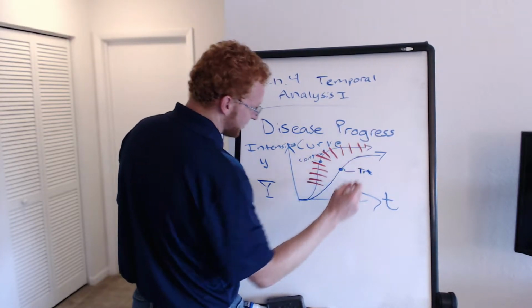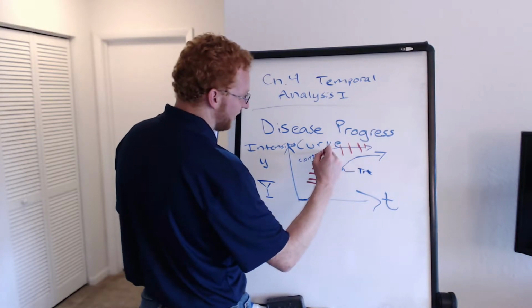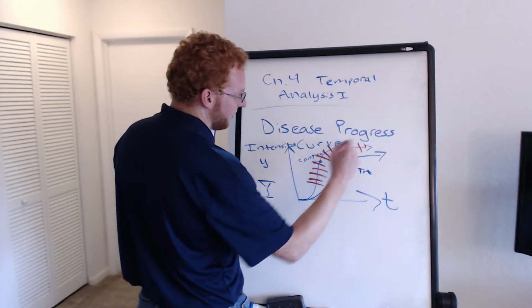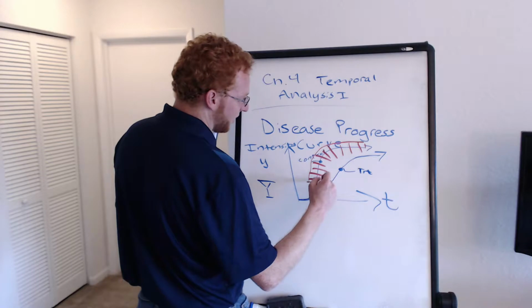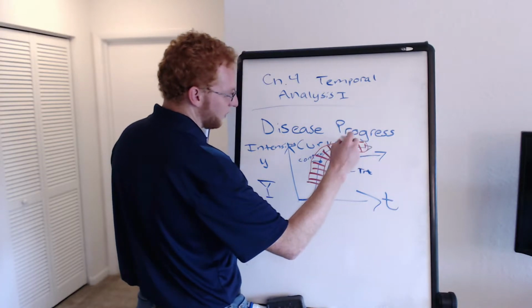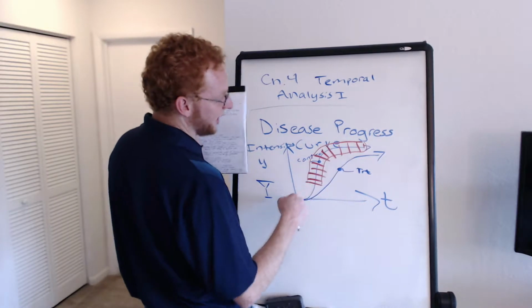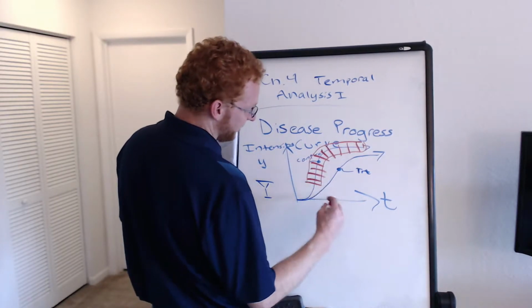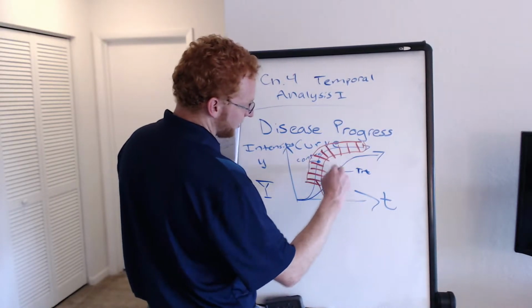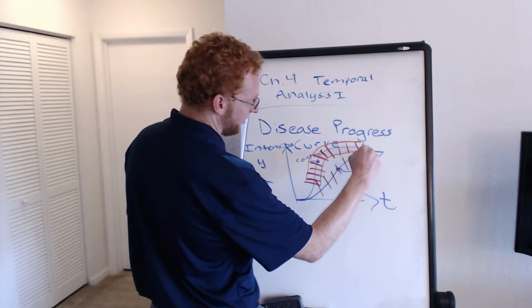You know the true curve is somewhere in here, so we get this area where it's likely the true curve, because we just approximate the curves with data, but the true curve's in that zone, and for this one, the true curve's in this zone.